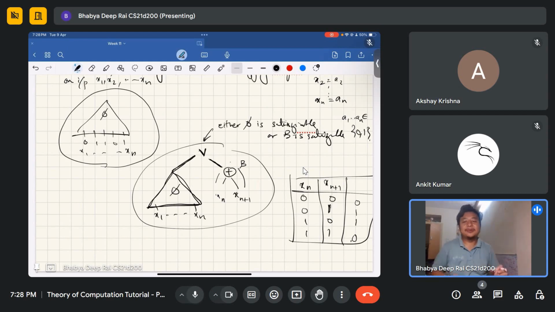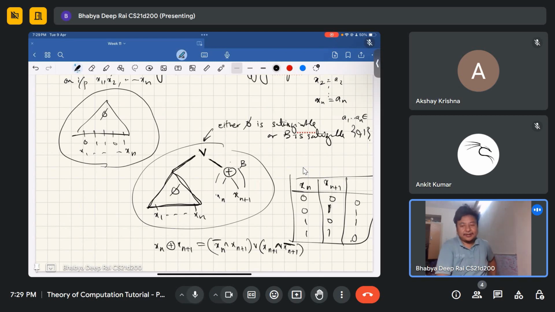But you might say, okay, our circuit has only ORs and ANDs, so how do I make XOR? XOR can be thought of as follows: xn and xn plus 1 complement, or xn plus 1 and xn complement.